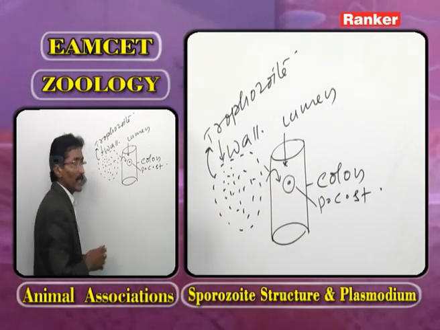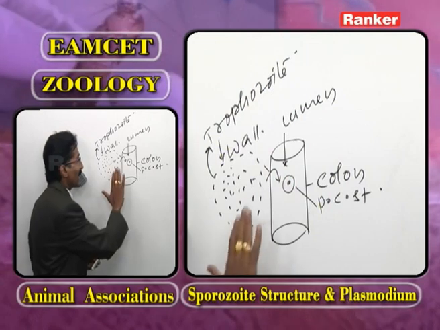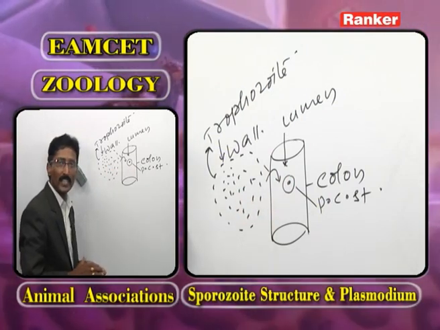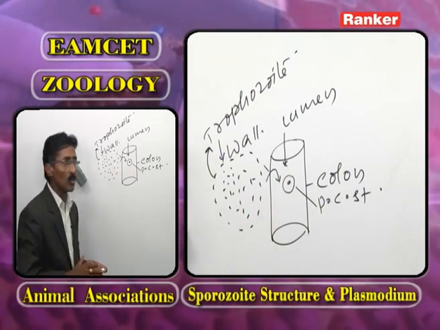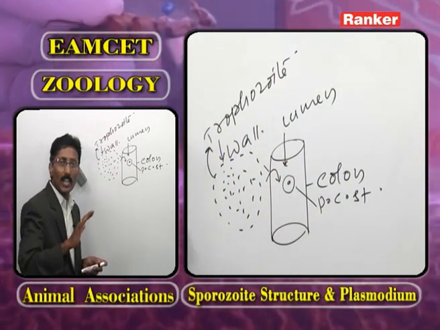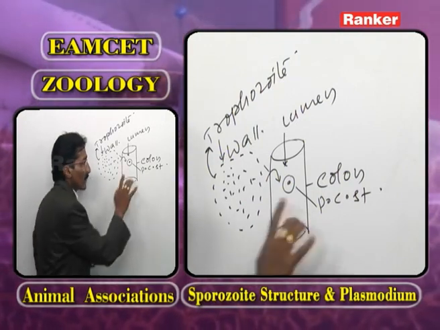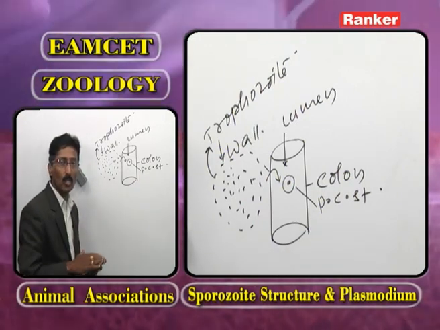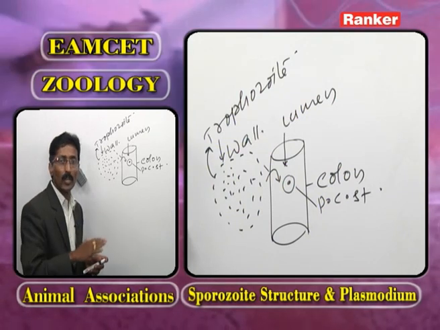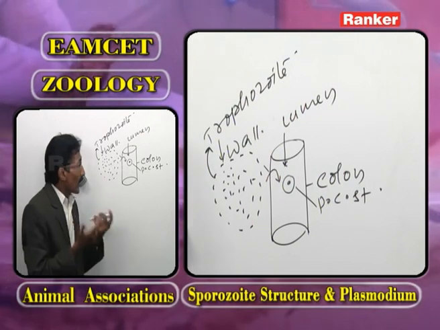As we observe the pre-cystic stage, it does not cause any harm to man, and it does not perform any reproduction or locomotion. In the pre-cystic stage, the parasite does not perform any type of feeding. How does it survive?